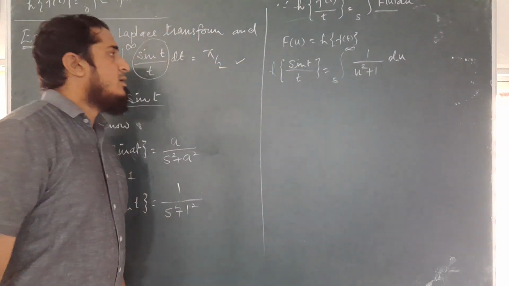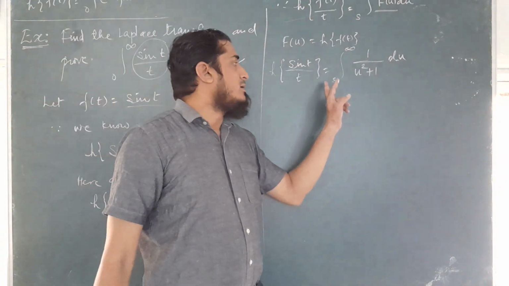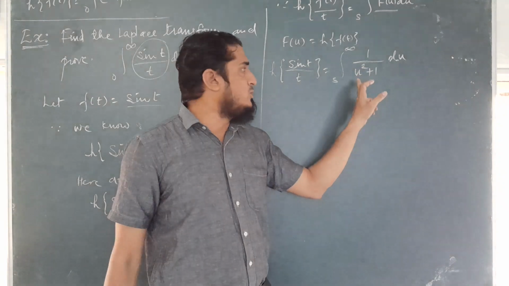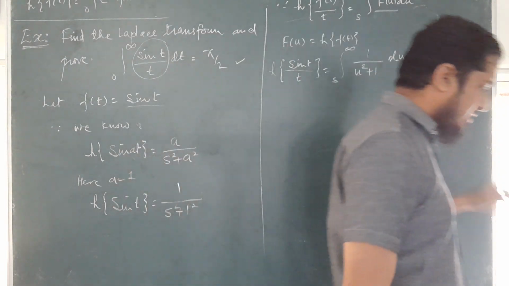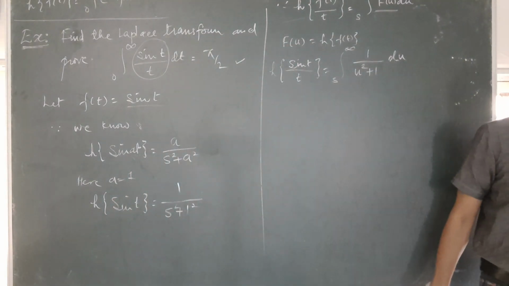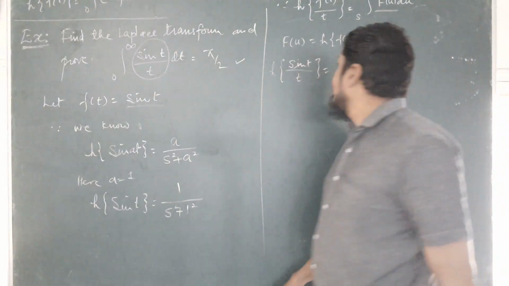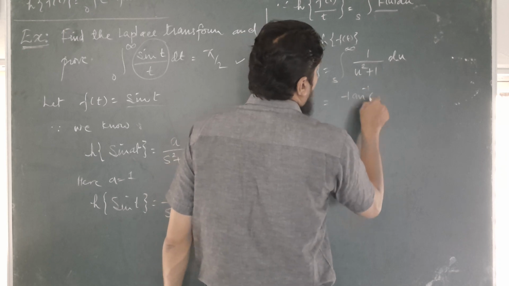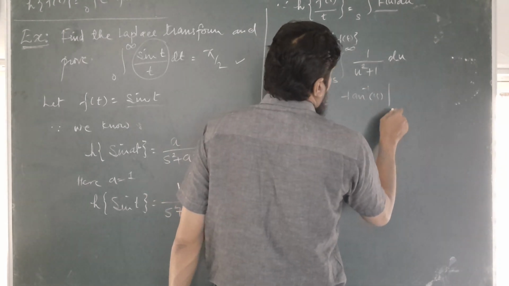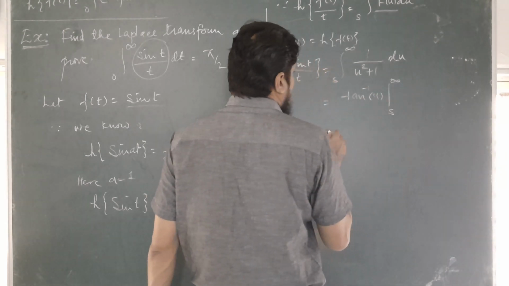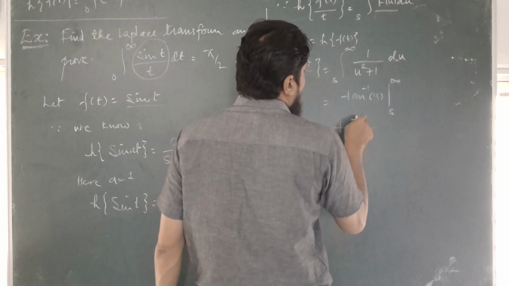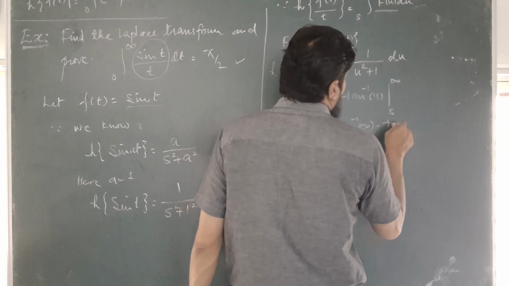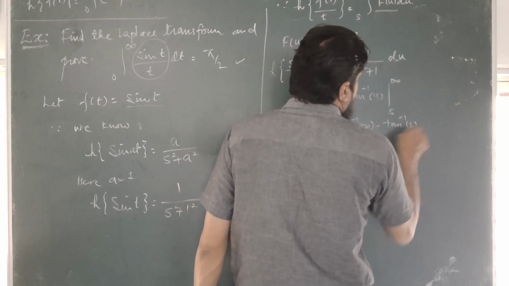Now we have to calculate the integration from s to infinity of 1 upon u square plus 1, and we know that we will get tan inverse of u from s to infinity. After putting the limits, we get tan inverse of infinity minus tan inverse of s.